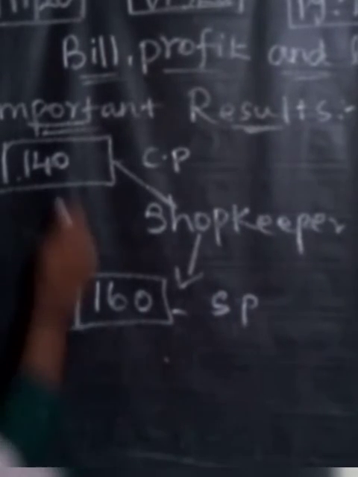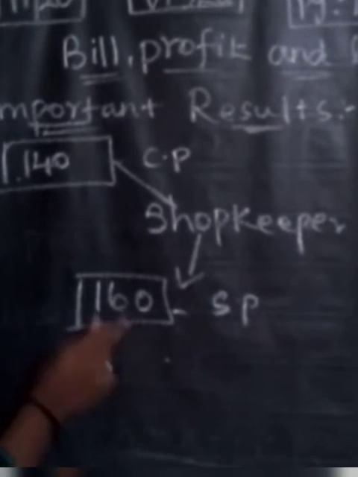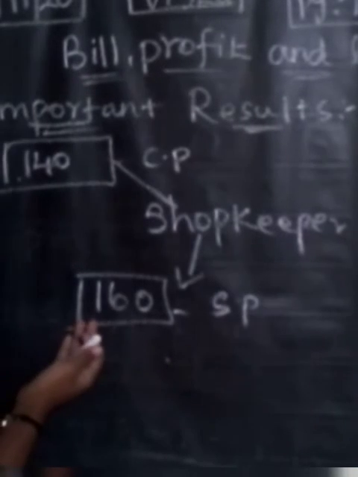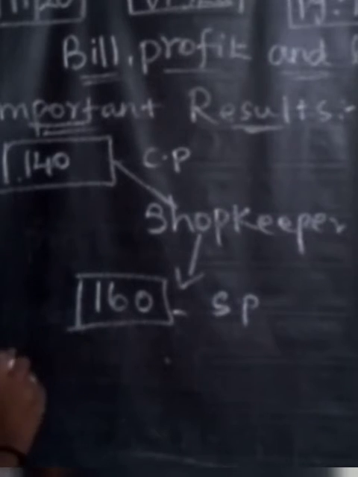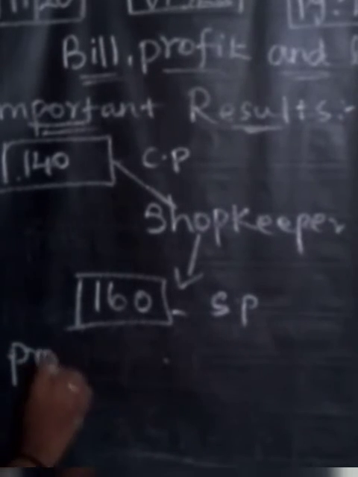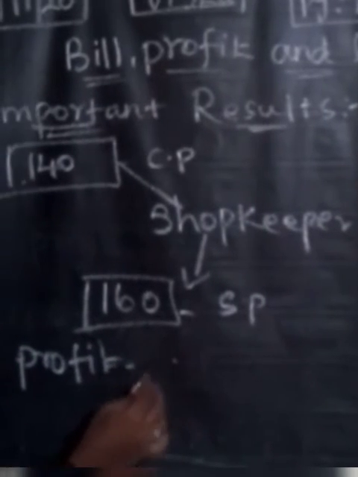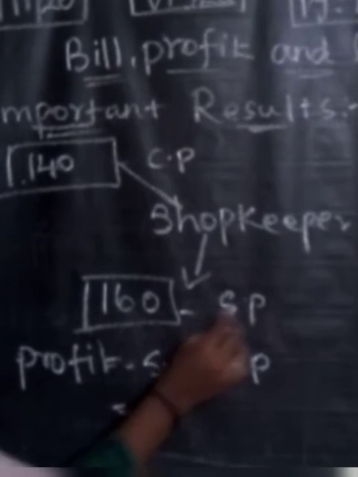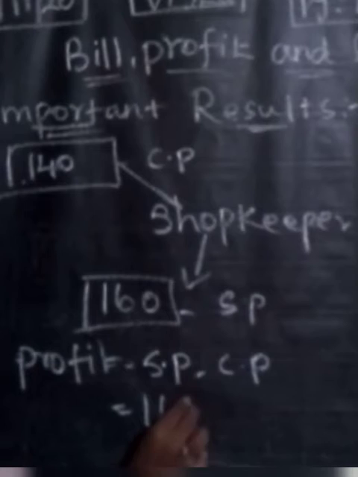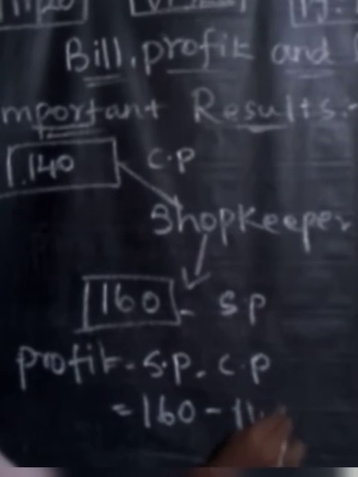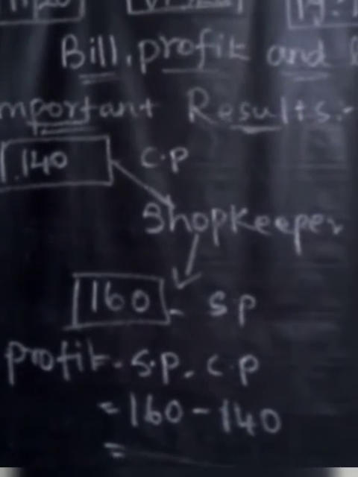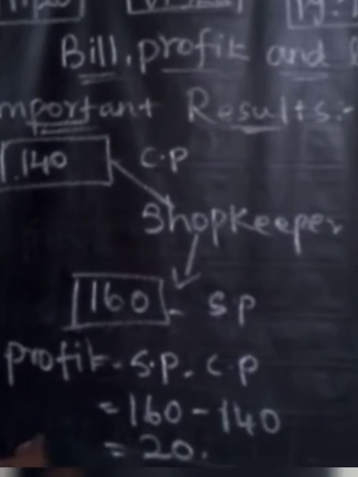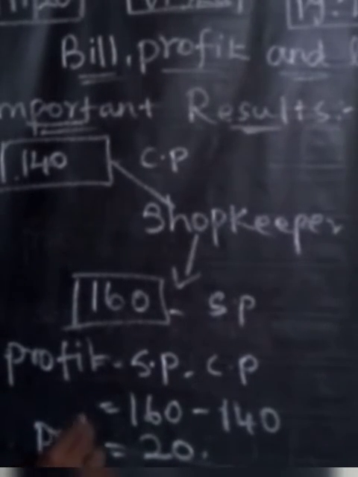Compared to this, the selling price is higher, so it is a profit. Profit equals selling price minus cost price. So 160 minus 140 we get 20. The profit amount is 20 rupees.